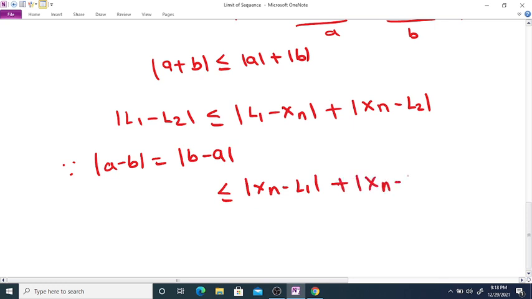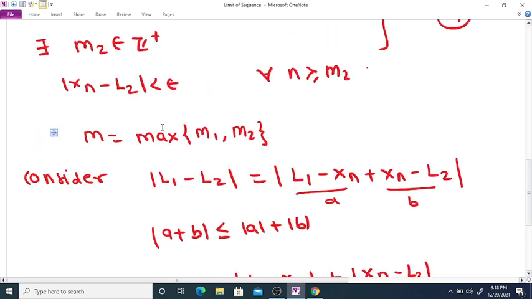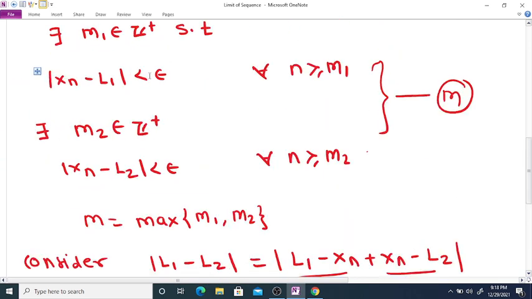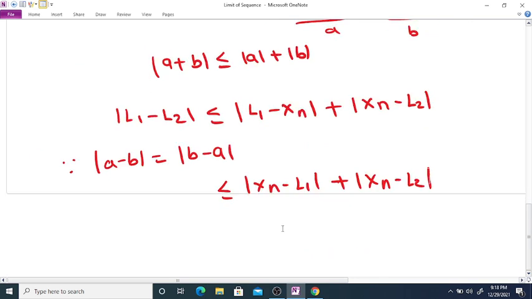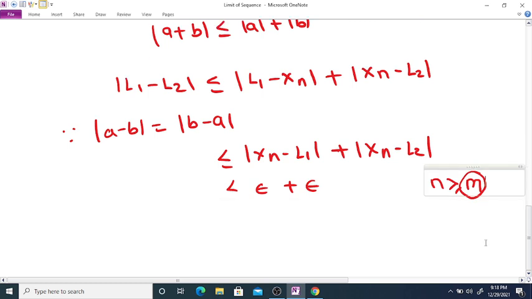Here mod of x_n minus L1 is less than epsilon and mod of x_n minus L2 is less than epsilon, so the sum is less than epsilon plus epsilon if n is greater than or equal to m. For this m, both inequalities are true. So this implies mod of L1 minus L2 is less than 2 epsilon.